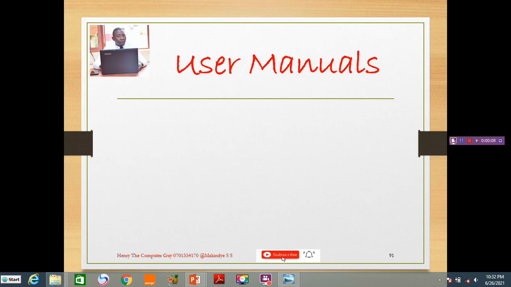And in today's lesson, we are actually going to be talking about what we call user manuals, or a user guide, or operational manual. So, if you have ever bought any ICT system or ICT tool, when it is packaged, inside that package, they always put for you a user manual.